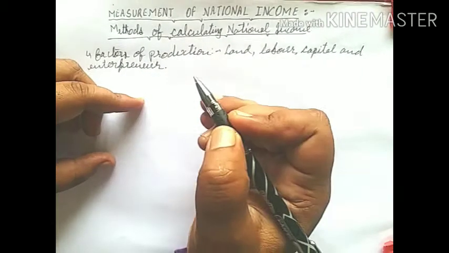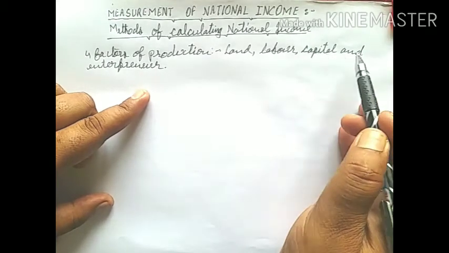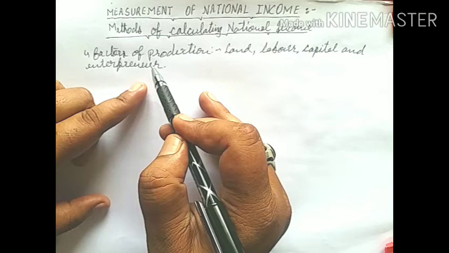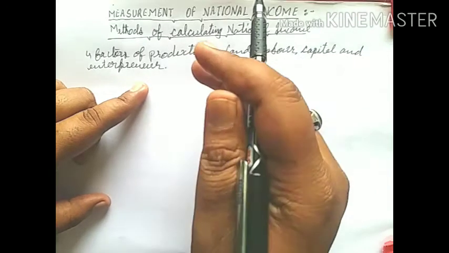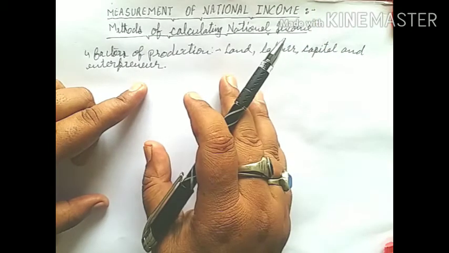Students, these four factors of production, land, labor, capital and entrepreneur, are paid for their services out of the value of output.